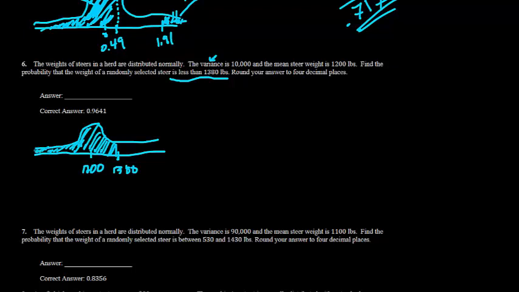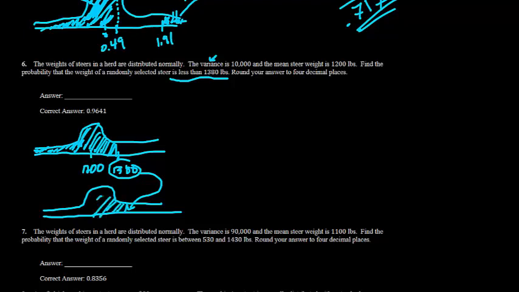This is a left tail test. What we need to do is convert this to a z curve. So we need to do a z transformation to figure out what this z value is here. Once we do that, we can figure out the area to the left on the standard normal curve.